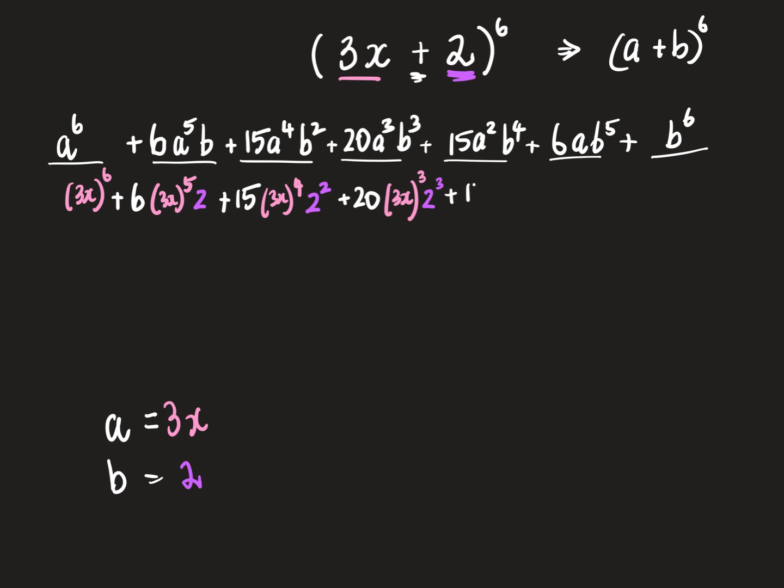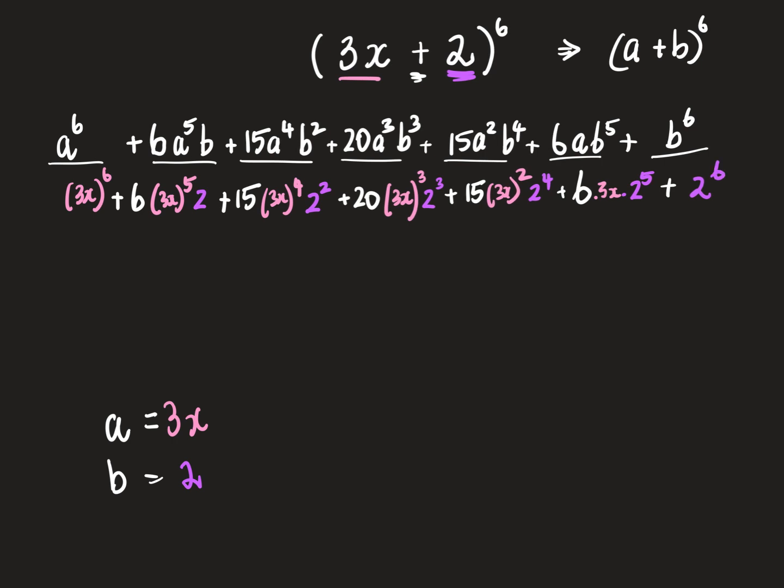And we keep on going like this, and it's a bit tedious. We've got (3x) squared, and 2 now is to the power of 4. (3x), and then we've got times 2 to the power of 5, and then plus, and it's 2 to the power of 6.